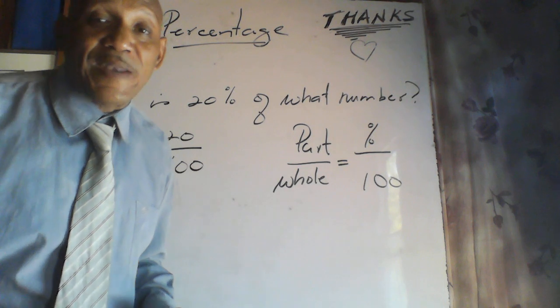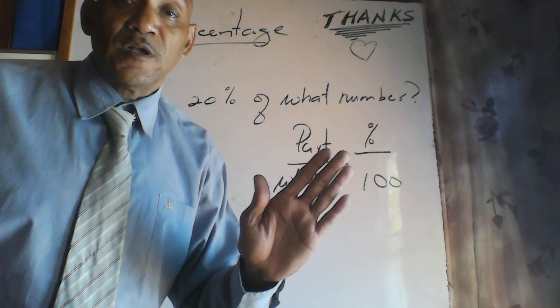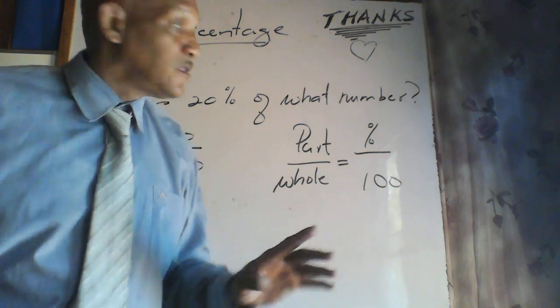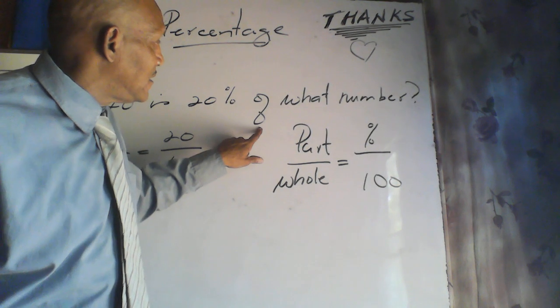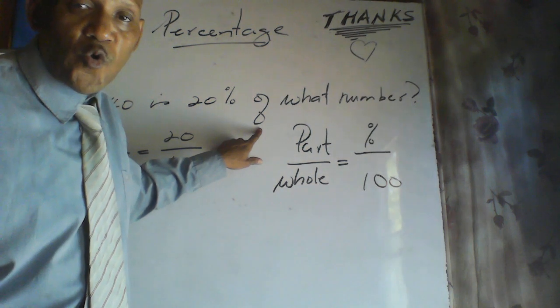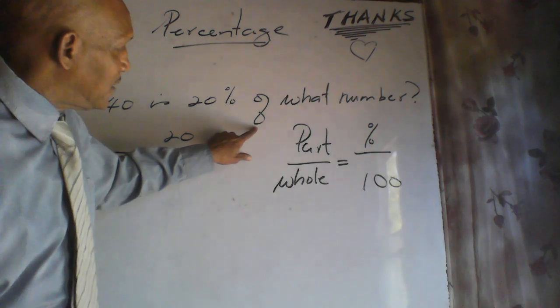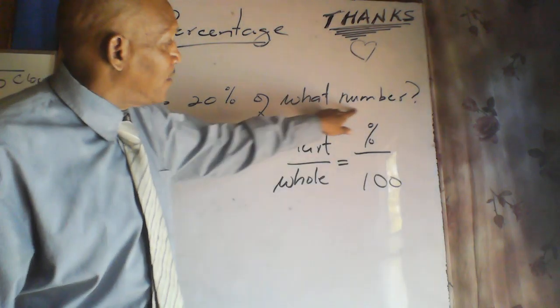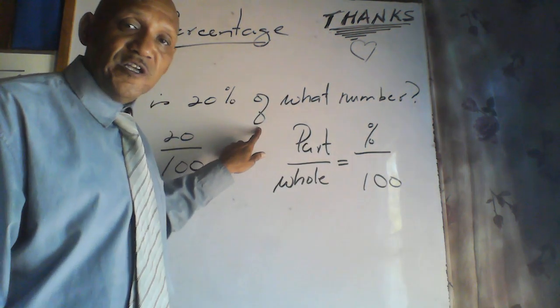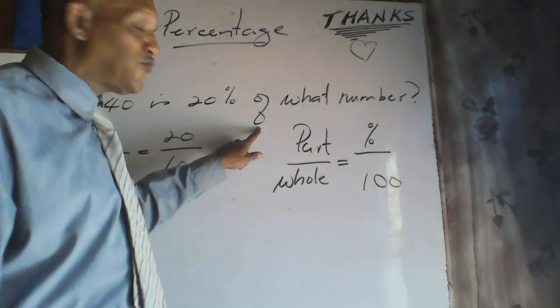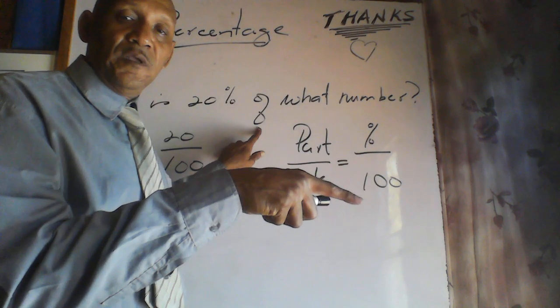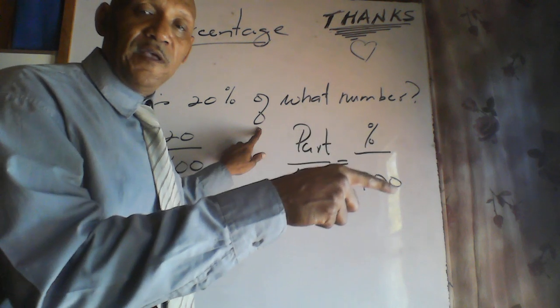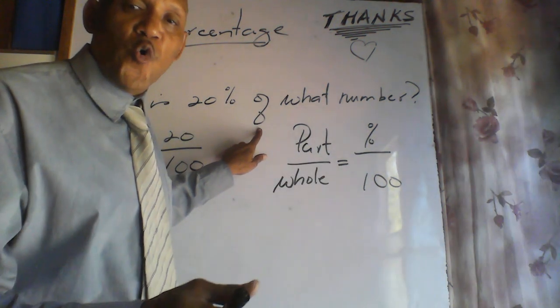There is a rule that I apply. If the number comes after the word "of," that's always the whole. I look for the word "of" and I look for a number, and there's none. We're trying to find that number. The number that comes after "of" is usually the whole.